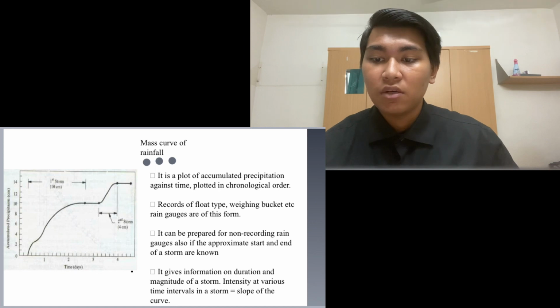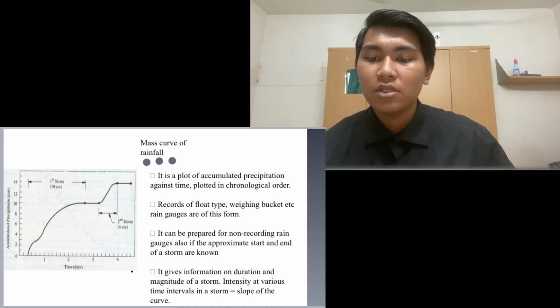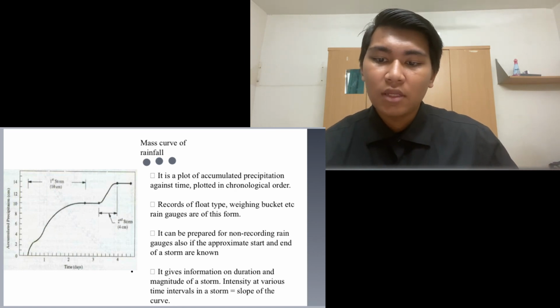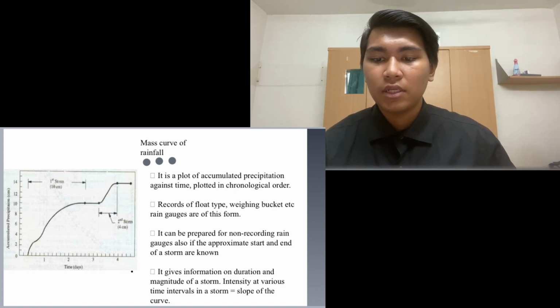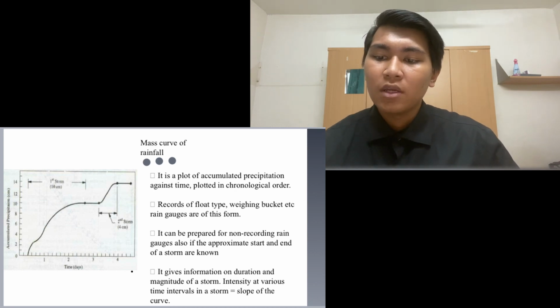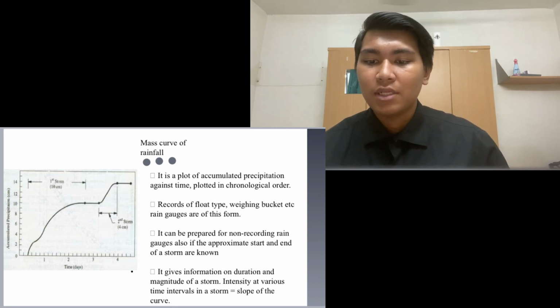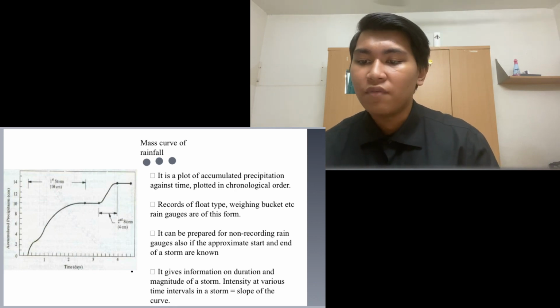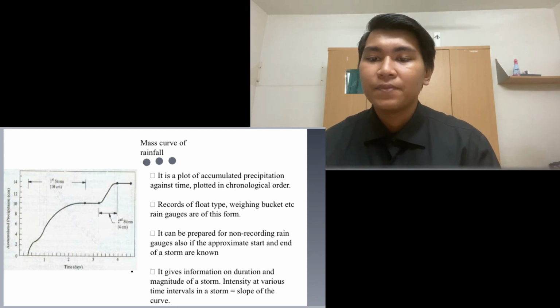It can be prepared for non-recording rain gauges also if the approximate start and end of the storm are known. It gives information on the duration and magnitude of a storm. Intensity at various time intervals in a storm is equivalent to the slope of the curve.